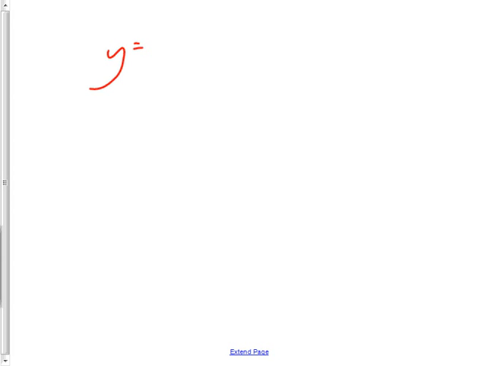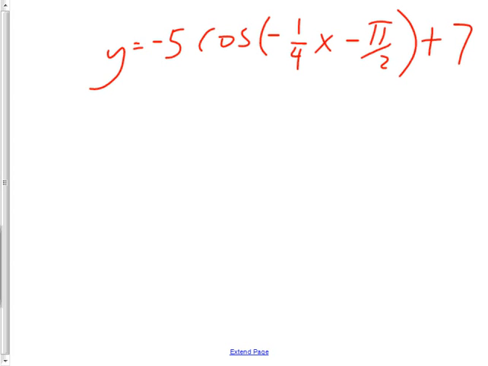This is the most challenging of all of them: -5 cosine of -1/4 x minus pi over 2 plus 7. You could be asked all of those. How many things are there? 1 thing, 2 things, 3 things, 4 things, 5 things, 6 things, and in the right order.